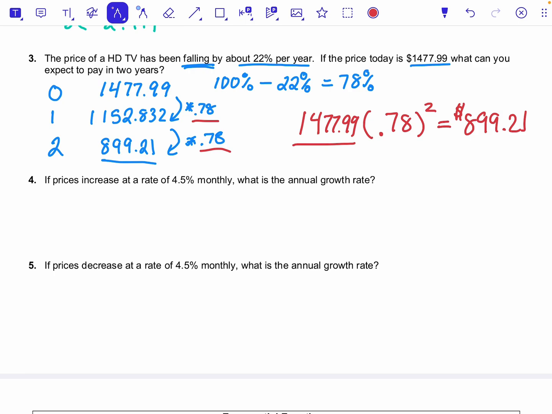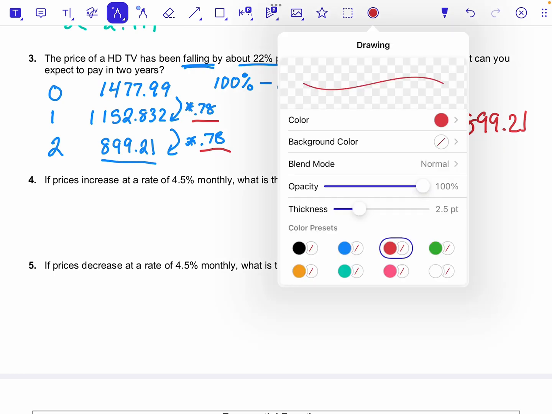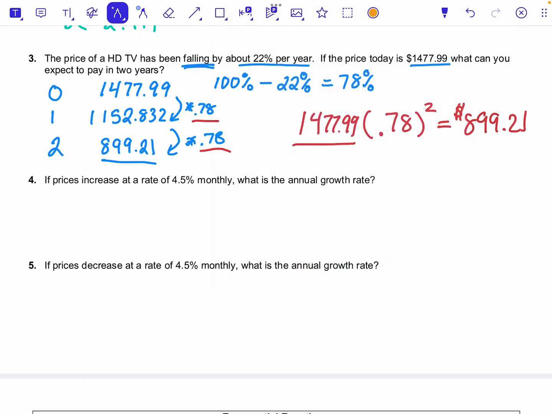So now, in thinking still about these percent growths and decreases, we want to look at turning something that's not given to us in an annual rate into an annual rate. It's good to keep in mind how much something grows over a year versus a month. So if prices increase at a rate of 4.5% monthly, we want the annual growth rate.